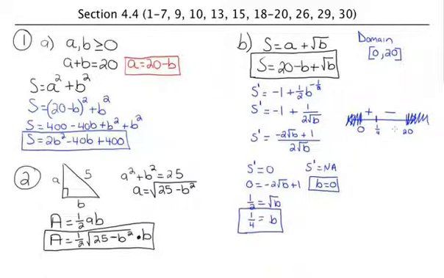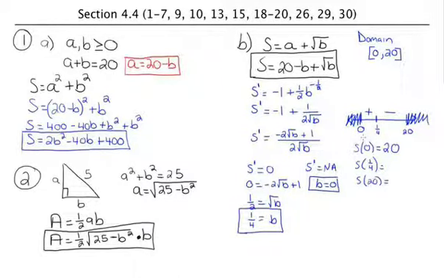And so I can clearly see that I have 3 values I need to be careful of. I've got the endpoints and I've got my critical value at 1/4. So s of 0, s of 1/4, and s of 20 is what I need to check. I plug in 0 to the original function, and I can see that the sum is equal to 20.